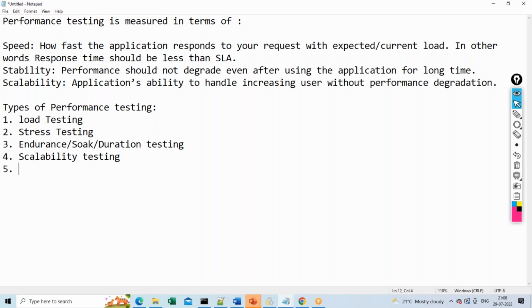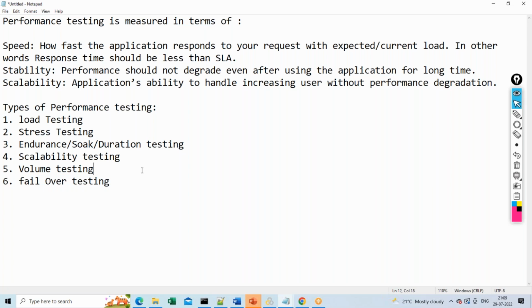So you have load testing, stress testing, endurance testing, scalability testing, and then volume testing. And then, recently, an important type of testing is failover testing. In recent times, projects are concentrating on this, and I will tell you how to test this also.